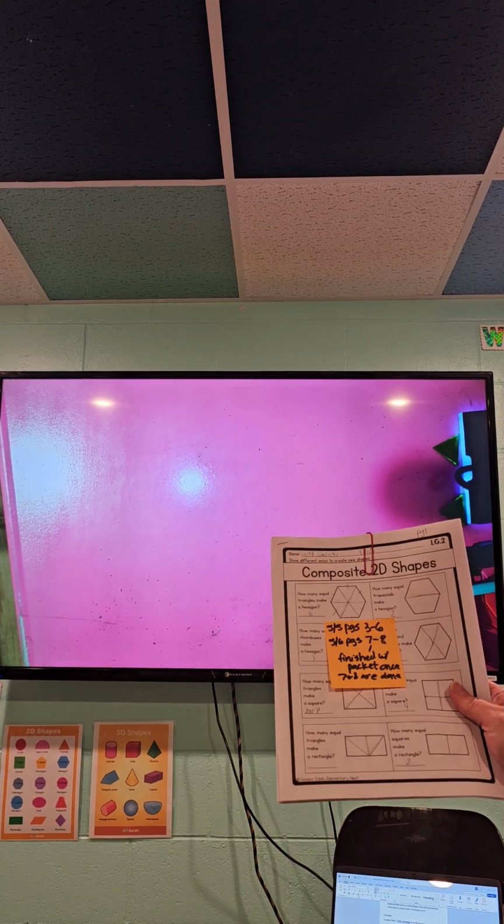Hopefully we will have time to get the task cards done and check them. You'll definitely need a ruler and a pencil and your shapes, so make sure you have all of that. You'll need your packet. Turn to page 7 in your packet.